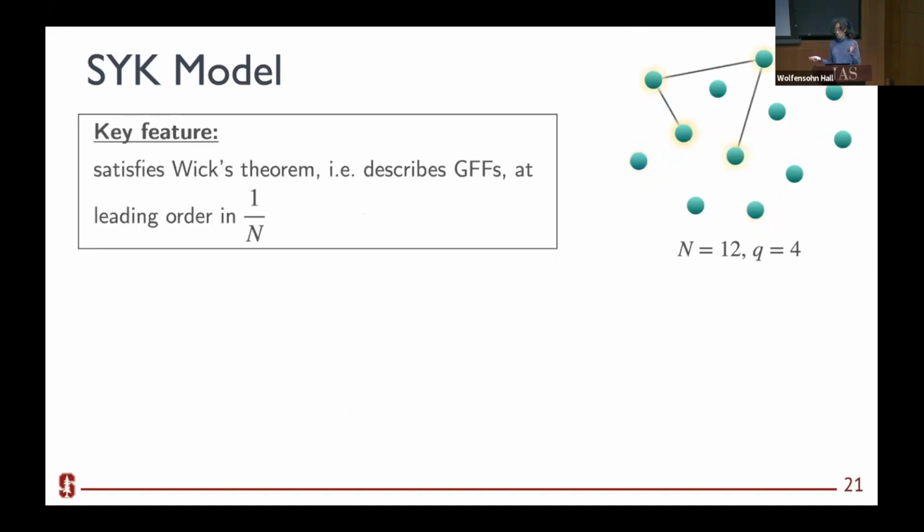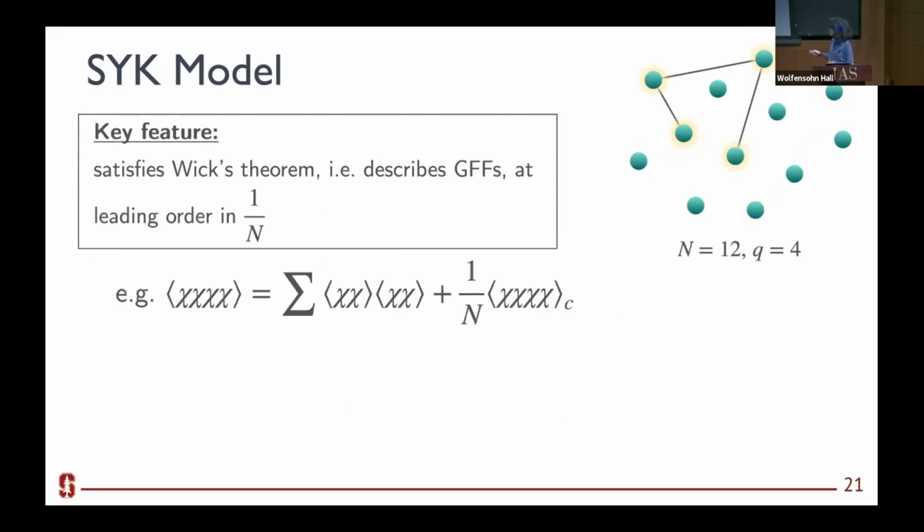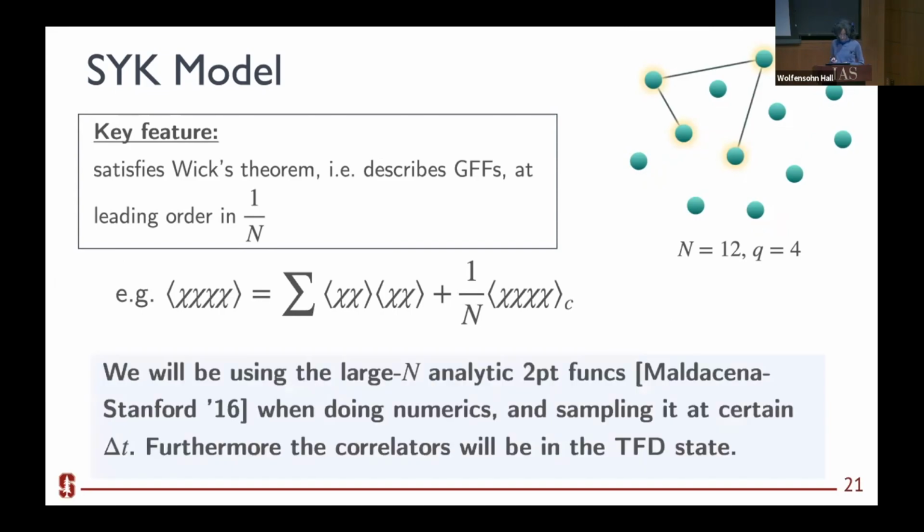There are many interesting features I can tell you about the SYK model, but the key feature relevant to us here is that we have generalized free fields that satisfy Wick's theorem to leading order in 1/n. So what this means in particular is that, for example, the 4-point function of 4 Majoranas can be factorized into the Wick's theorem part, as well as another part that is at 1/n.